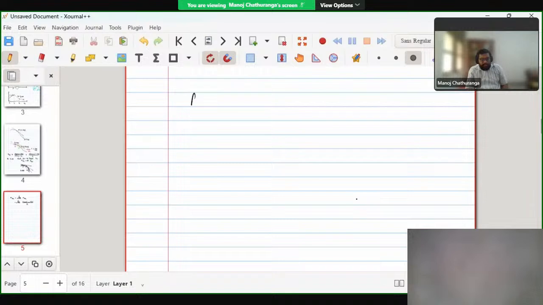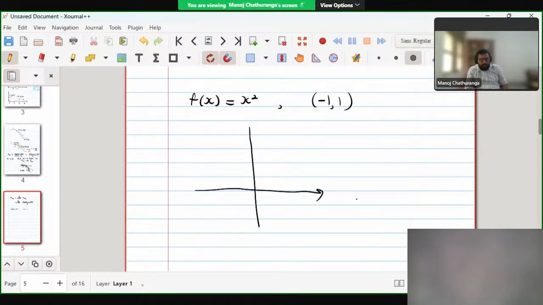Our function is f(x) equals x squared. We want the tangent line to this at the point (-1, 1). y equals x squared is a parabola. So we are supposed to look at this point (-1, 1).